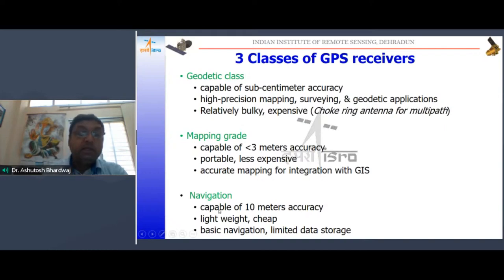Then there are navigation requirements. So these provide you the accuracy of the order of 10 meters, such as the chips which are embedded in our cars nowadays, and they are assisting us by voice.